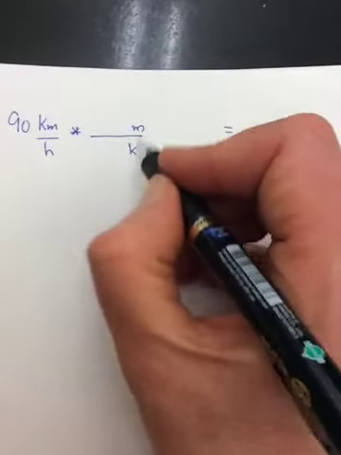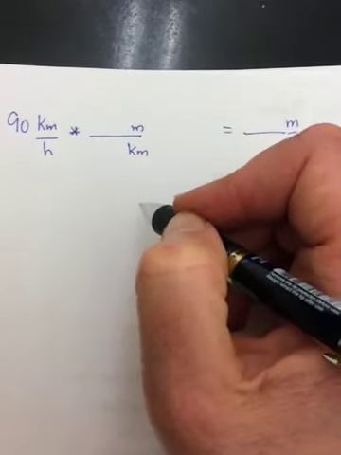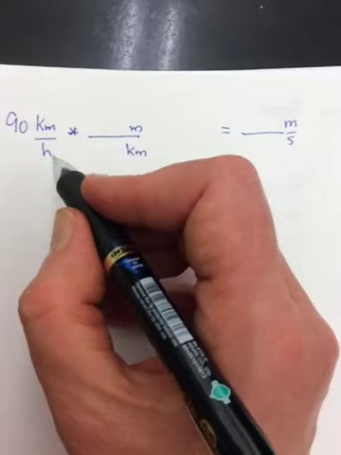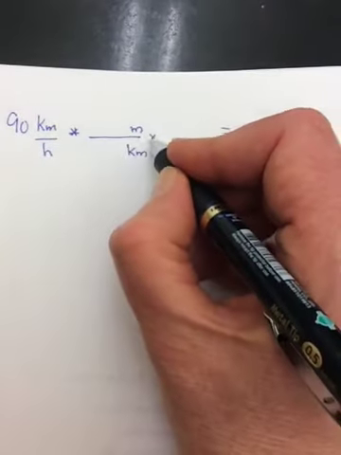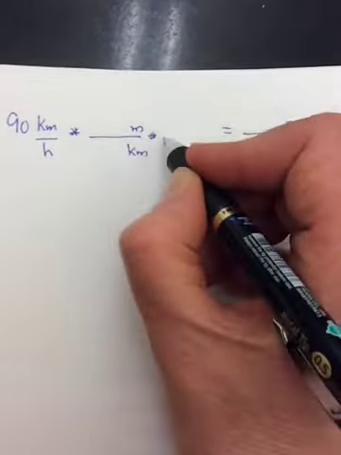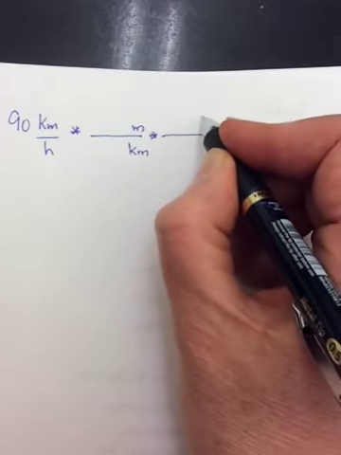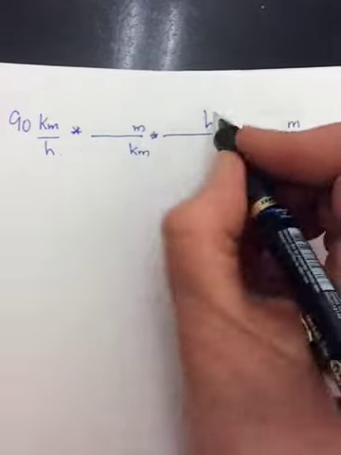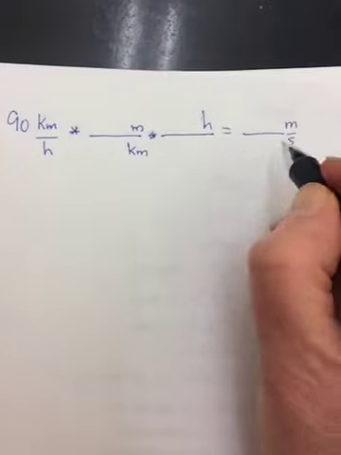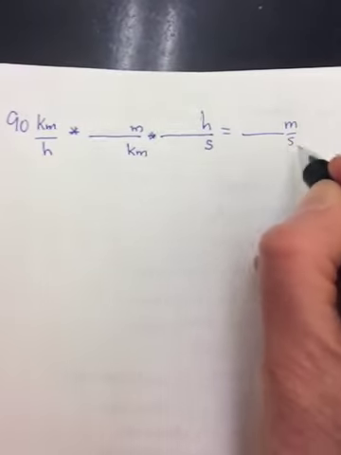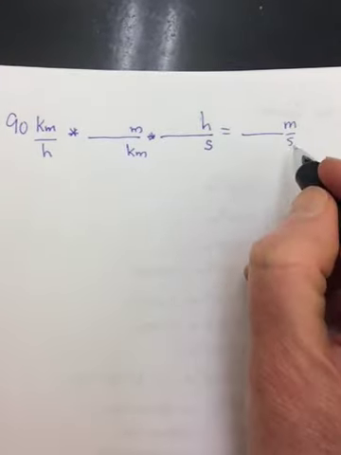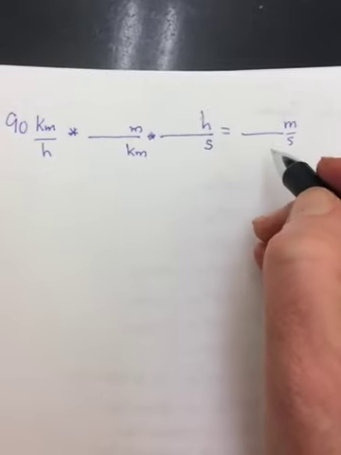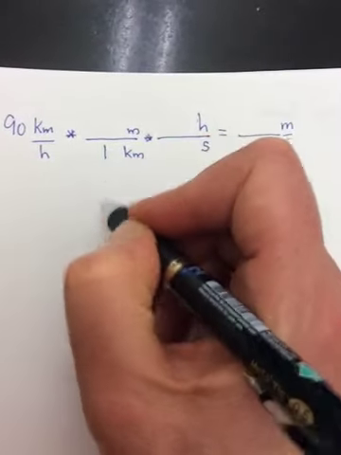If I want to end up with meters, I'm going to put it on the top. But I also have hours that I want to get rid of. And right now, the hours is on the bottom. So in the conversion factor, it needs to go on the top, so it'll cancel. And seconds needs to go on the bottom, because that's where I want the seconds to end up. So then remember, you always put 1 on the thing that's bigger.